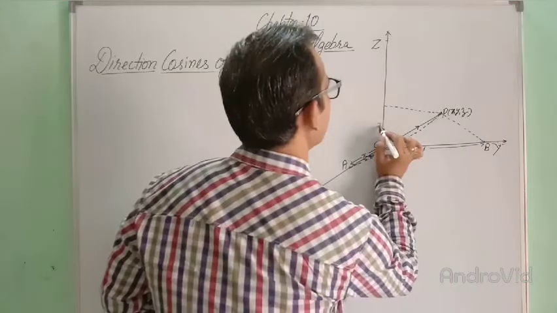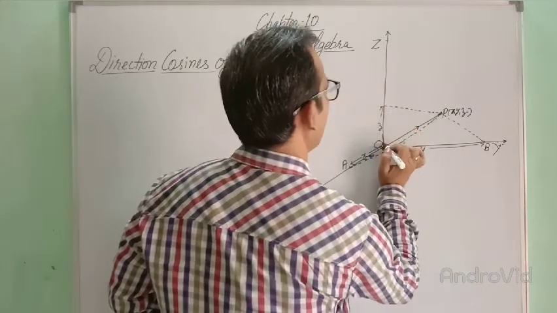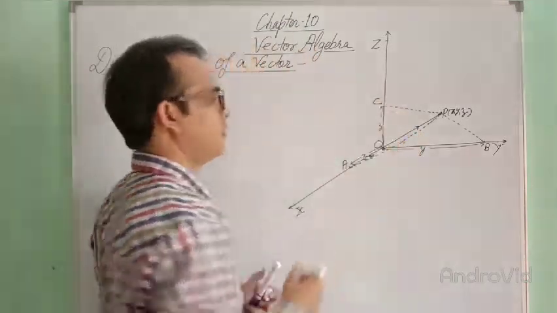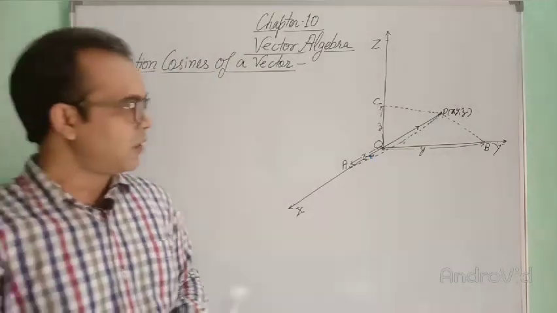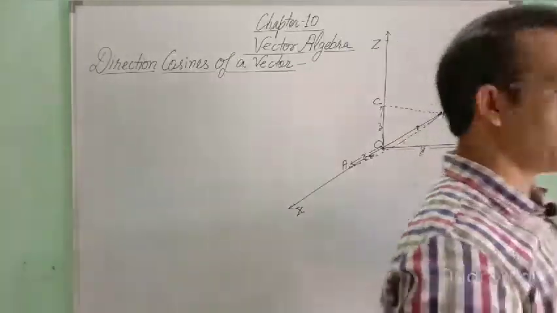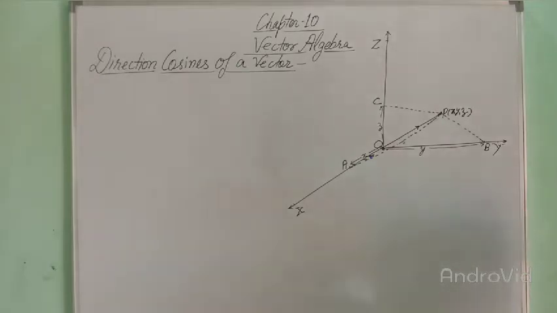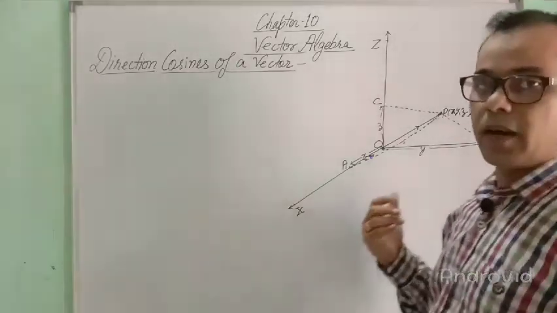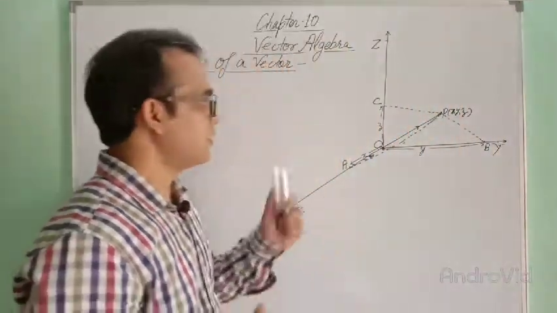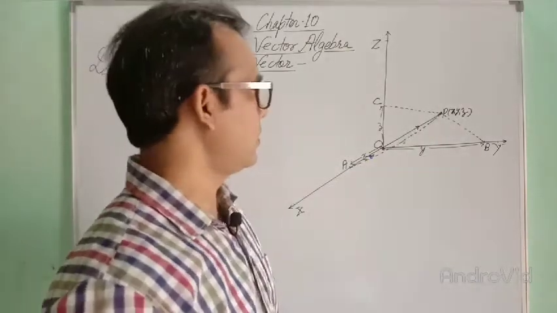So this will be the distance z, and this will be the point C. Now small x, small y and small z are the distances covered along the respective axes x, y, and z when the coordinate is x, y, z.